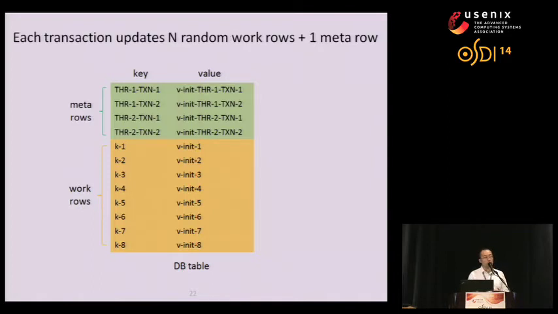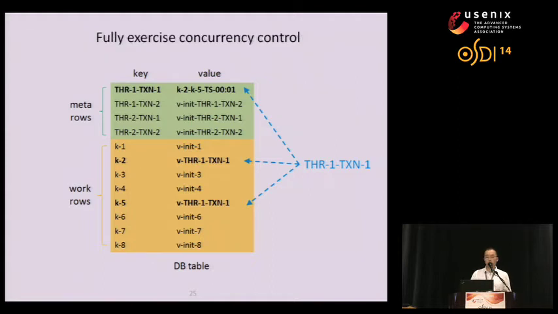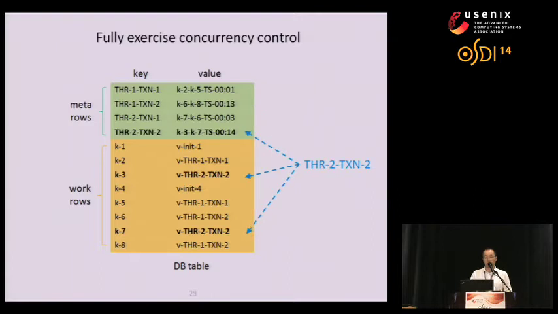Each transaction updates multiple workloads and one meta load. For example, thread 1, transaction 1 randomly selects 2 workloads and saves its transaction ID there. And then it saves the 2 workloads and the timestamp right before the commit in its meta load. Similar transactions from multiple threads are executed concurrently to fully exercise the concurrency control of the database.